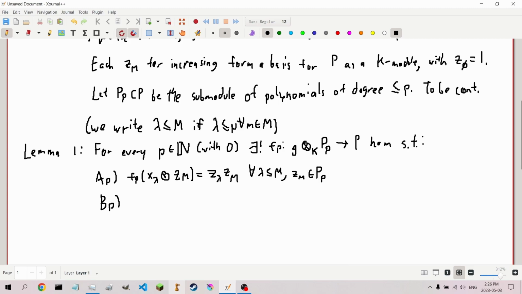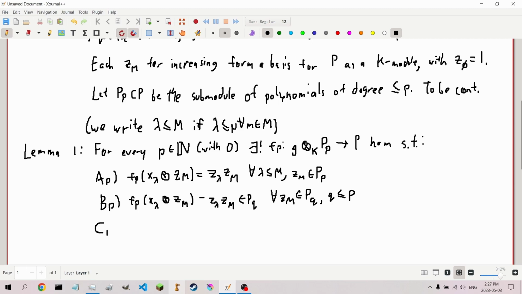BP is that Fp of x lambda tensor Zm minus Z lambda Zm is going to be inside of PQ, and this is for Zm in PQ, where Q is at most P. So in this case, unlike the above, z lambda isn't necessarily a member of the sequence defining zm, but the image of their tensor under fp is still essentially equivalent to z lambda zm mod pq.